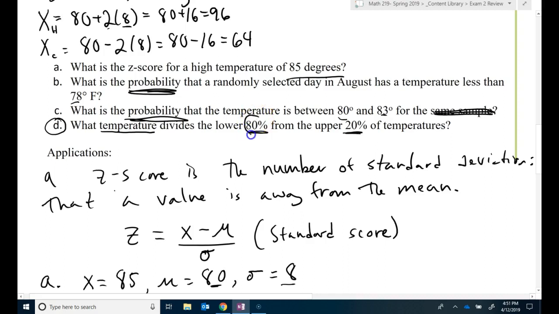So you're given a probability, the probability of 0.8, and what you're looking for is the temperature. So you want to catch the difference in those questions. As you're working through the questions, you want to recognize that's a difference in the questions, okay? And so that should help you to determine when you're going to utilize the process that we use for B and C versus the process that we use for D, okay?